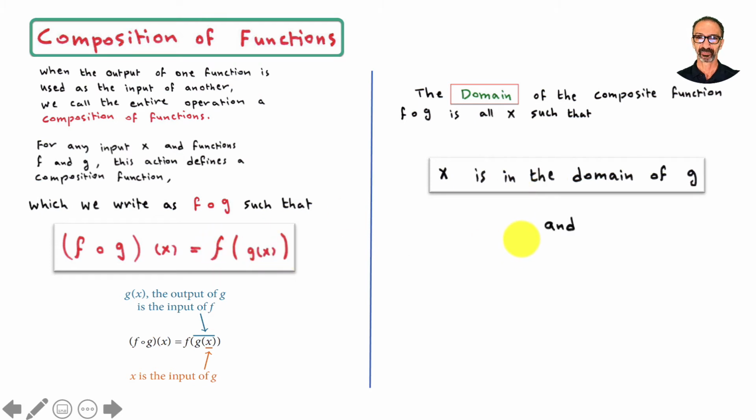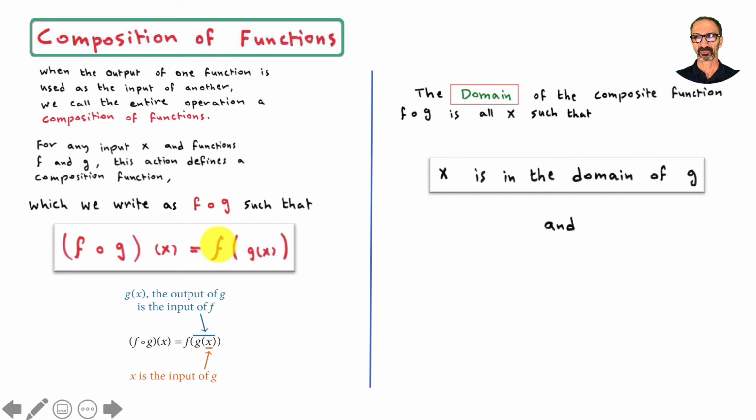And now, what the second statement says is the following. Let's say I could plug in 7 here, and g of 7 is 10. But 10 cannot be plugged in f. That causes a problem.